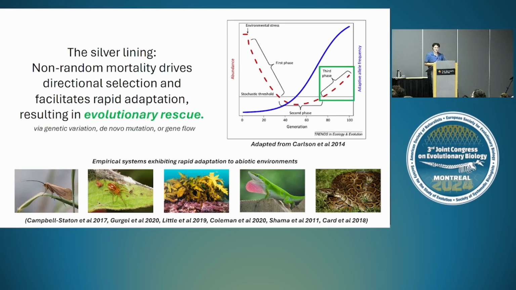And this dynamic can happen from standing genetic variation, from de novo mutation, or gene flow. But empirical work shows that the surest path to evolutionary rescue is through standing genetic variation in the population.